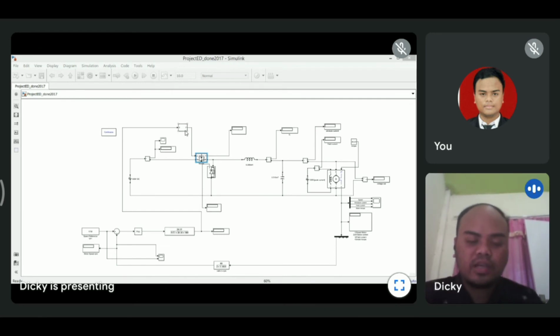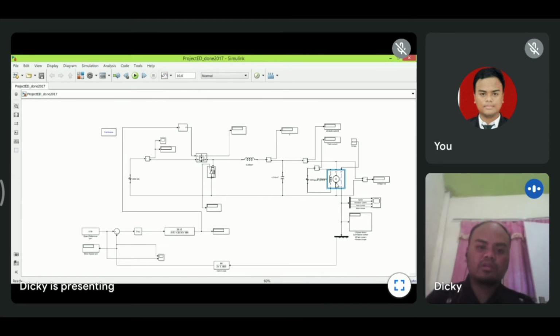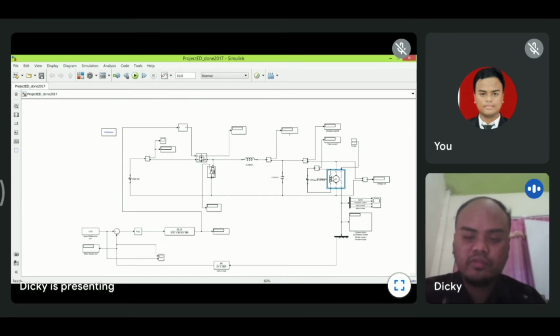The duty cycle uses the buck converter. This buck converter is used with a motor that has 1750 RPM with 5 HP. And there is the PI here.